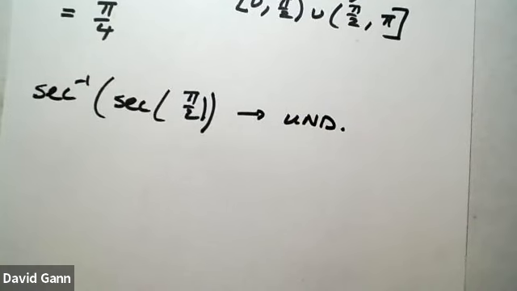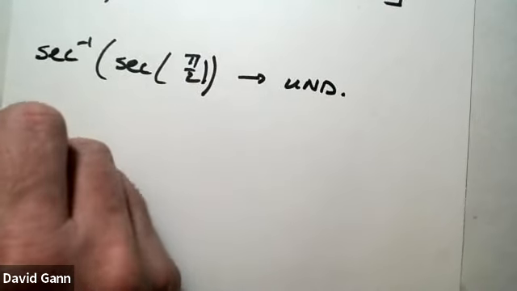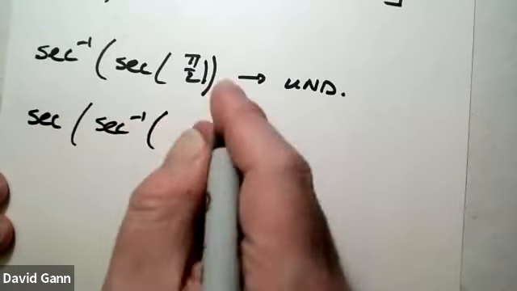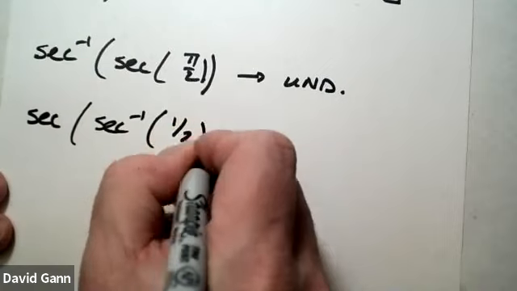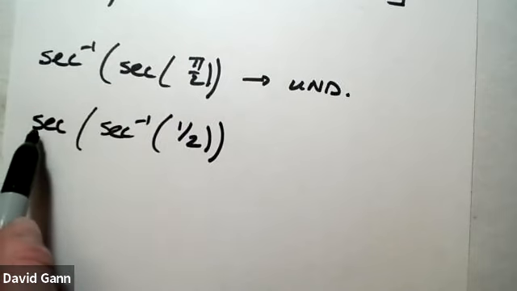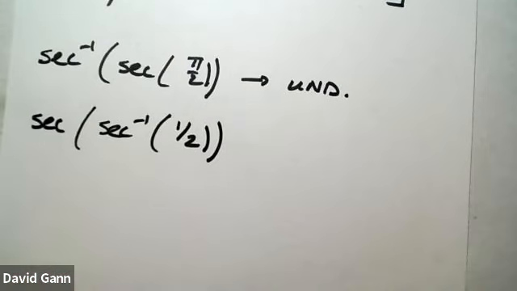What about if we reverse the order, and can we make something that causes some problems there? Yes, absolutely. Consider the secant of the inverse secant of 1/2. Now, this is the trick. Normally, as I've said before, when you have the trig function of an inverse trig function, it's either that number, the argument, or it's undefined.